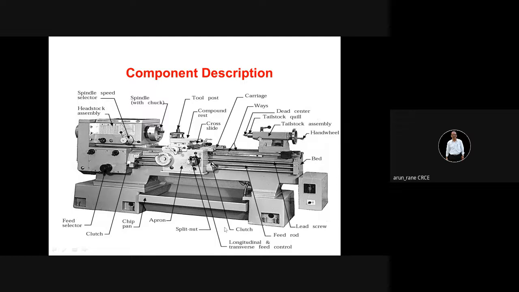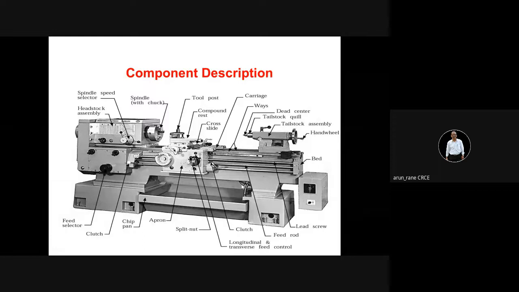Now here you have a clutch. Clutch is a device to change the speeds, like we have a clutch in our car. Whenever you want to change the speed, you use the clutch. So what is the function of the clutch?